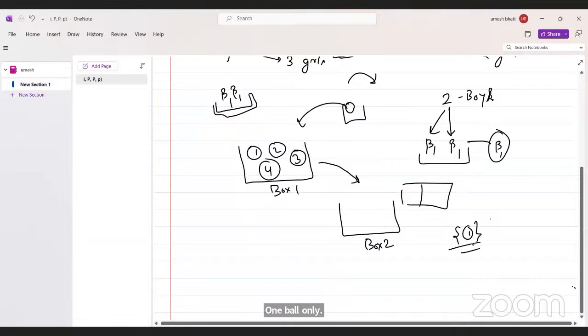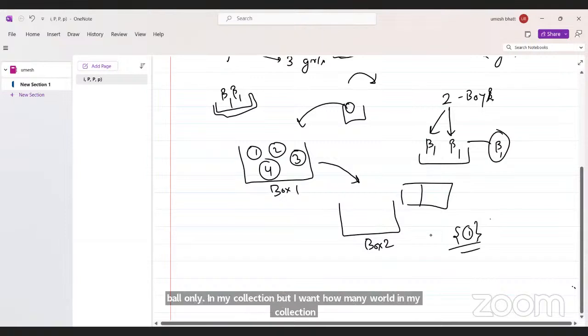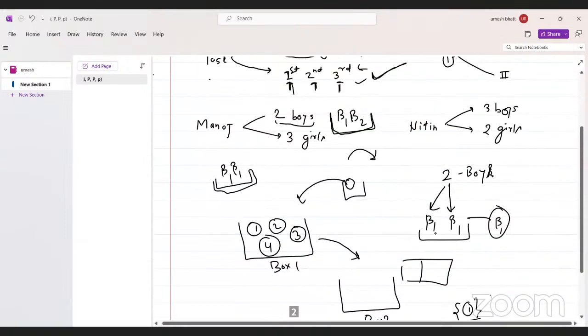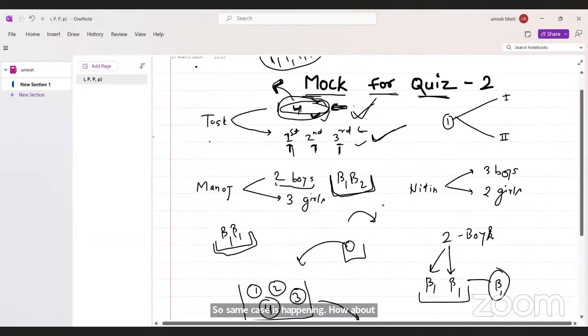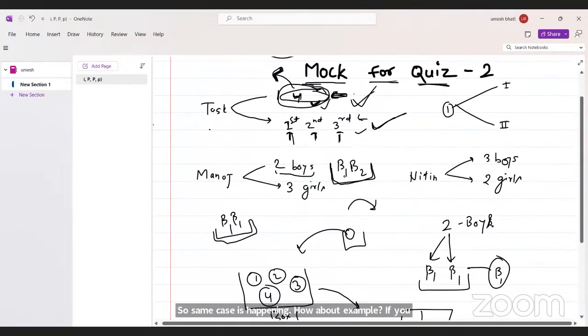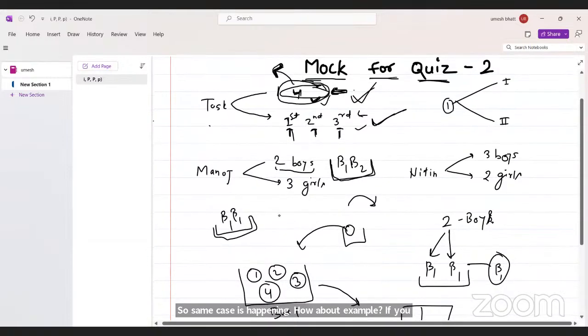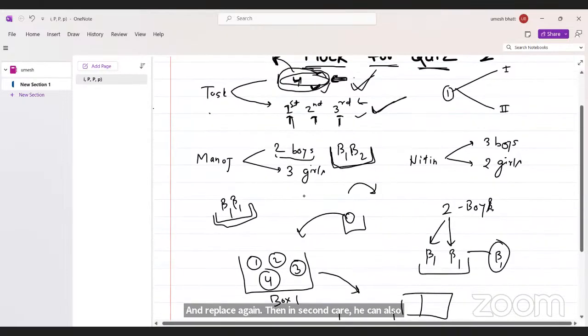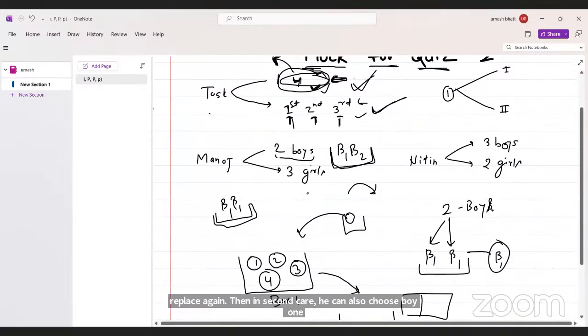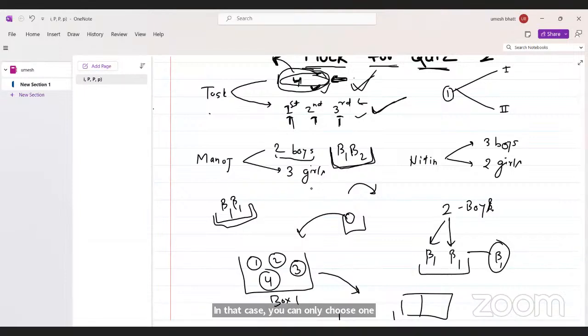But I want 2 balls in my collection. The same case is happening in our example. If he chooses boy 1 and replaces again, then in the second case he can also choose boy 1. In that case he can only choose one boy from his friend circle, but he wants to choose 2 boys.